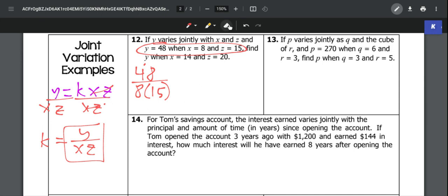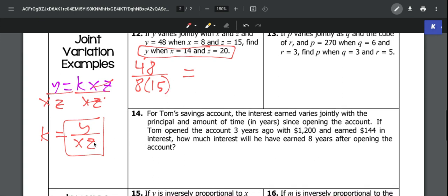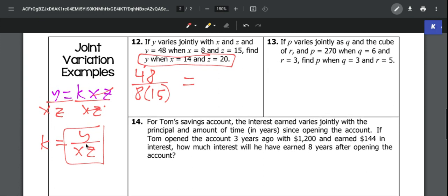But since we know that k is equal to y over xz, we can set this equal to the second set that we're given, and we'll figure out what our problem is, because we're essentially saying if k is equal to y over xz, then we can set up that same fraction for our second set of y, x, and z, and we can make a proportion out of it, and then we'll figure out what y would have to be in this proportion.